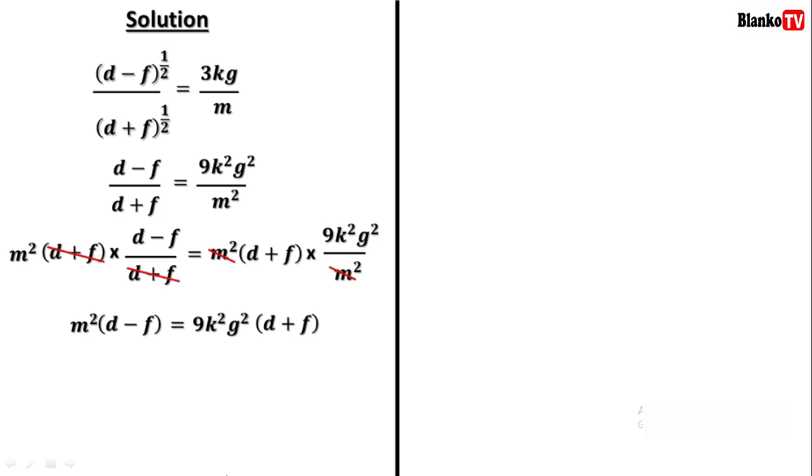Okay, so we remove the brackets on both sides. m squared multiplies d to give m squared d, minus m squared multiplies f to give m squared f, equals 9k squared g squared multiplies d to give 9k squared g squared d, plus 9k squared g squared f.